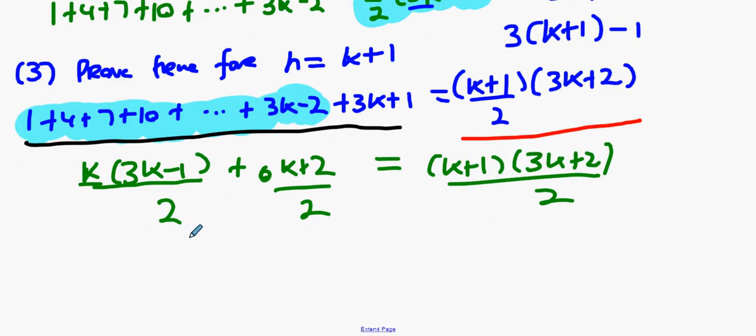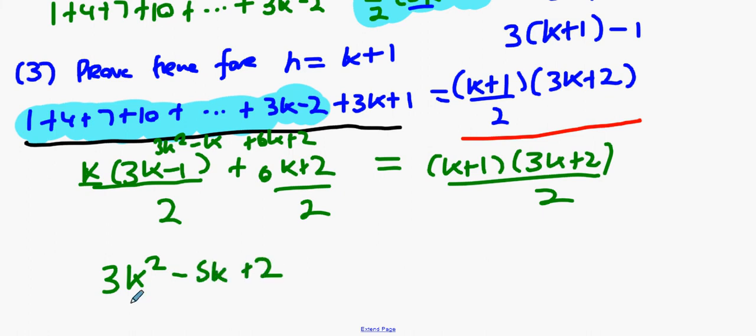There's not a fast way of doing this, right? So multiply the top out. I'm going to multiply the top out. 3k squared, yeah? Minus k plus 6k plus 2. So would everybody agree with 3k squared plus 5k plus 2 all over 2? And what happens when you factorise that?